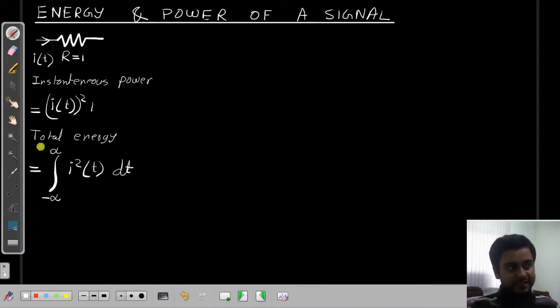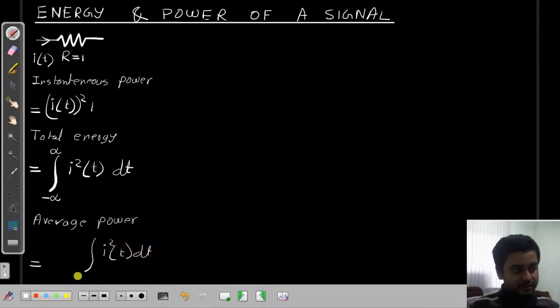Now this is the total energy, and therefore we can calculate average power, which will be the total energy divided by the total time. Now in this case total time is infinite, so let me write it this way.